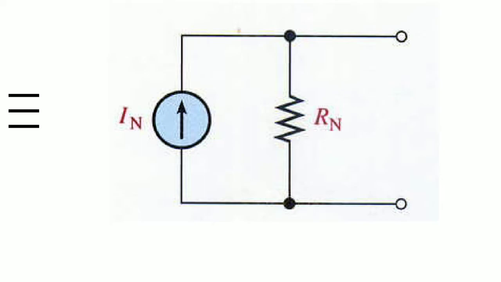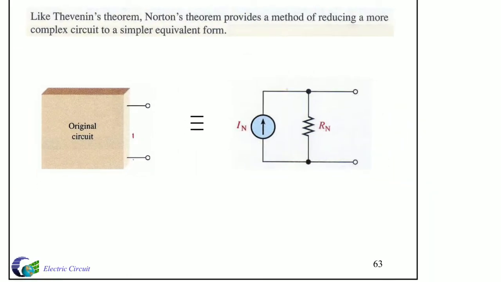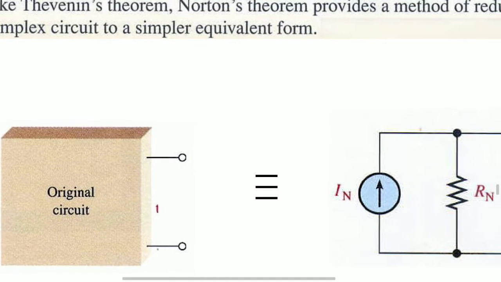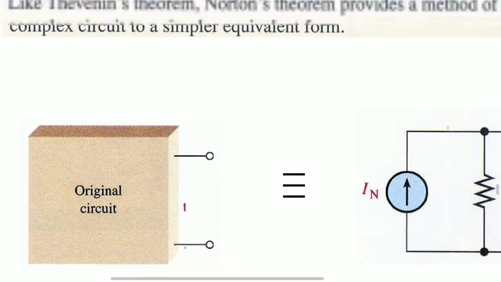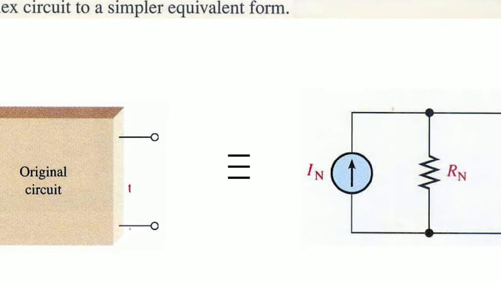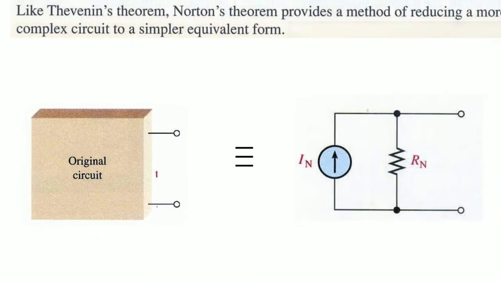The terminals are X and Y or A and B. Norton's theorem provides a method of reducing a more complex circuit to a simpler equivalent form, that is, Norton's current and Norton's resistance. You understood?